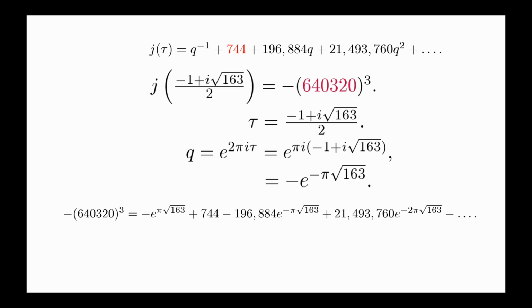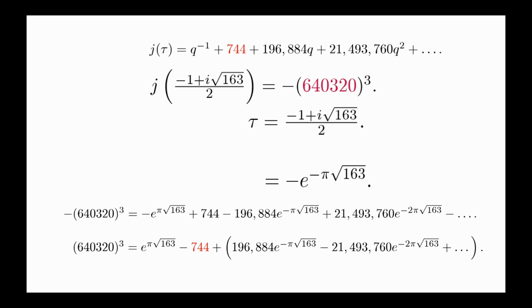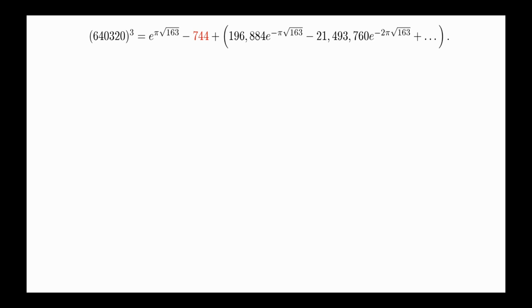We are going to multiply both sides by minus 1 to get the equation in this form, but we are going to group these last terms together because it turns out that they evaluate together to some really small positive quantity.